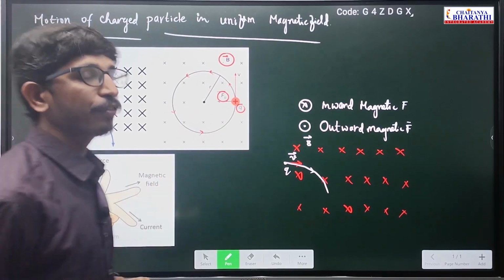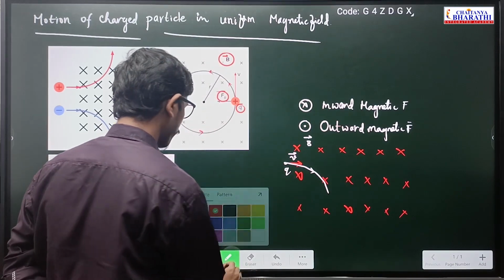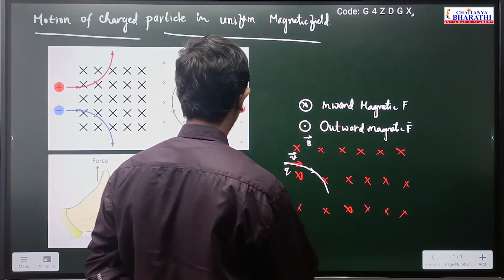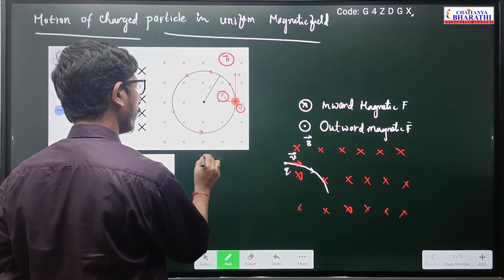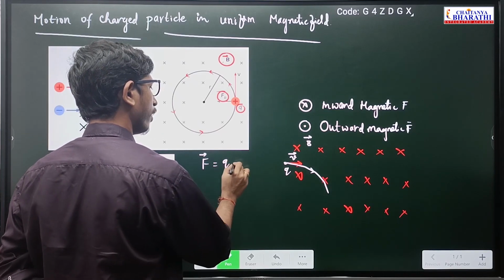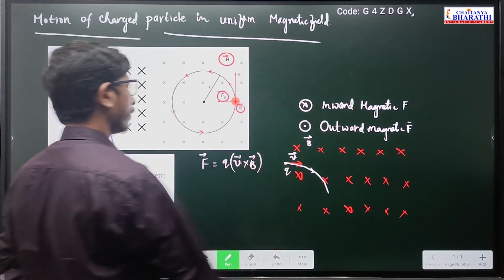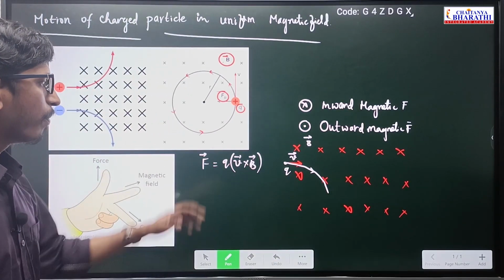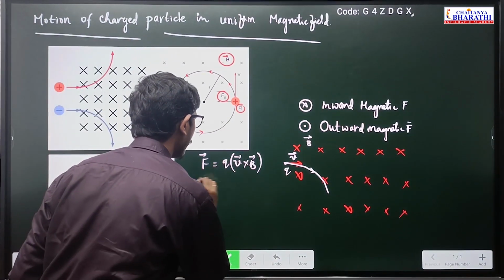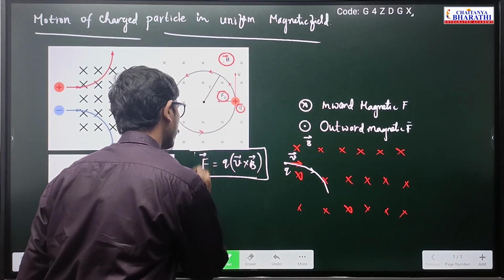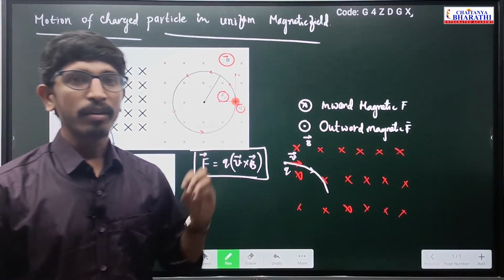How are we going to quantify that force, the magnitude of the force? The force F bar is equal to Q into V bar cross B bar. This is the force acting on a charged particle when it is moving in a uniform magnetic field.